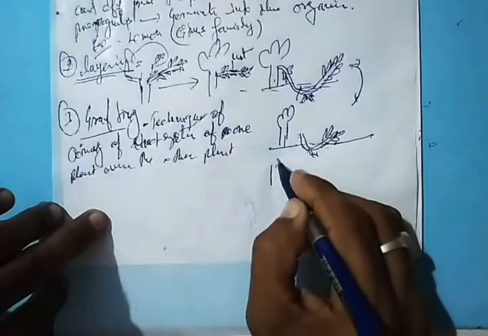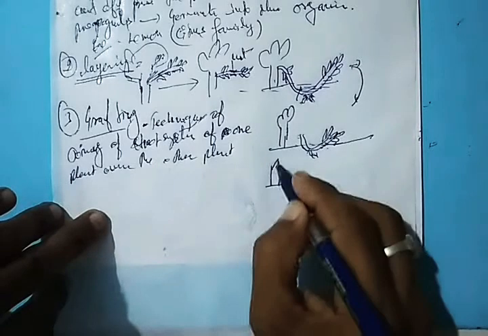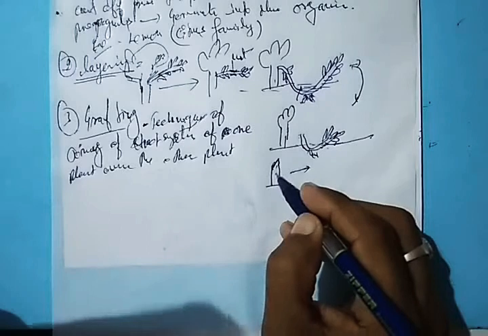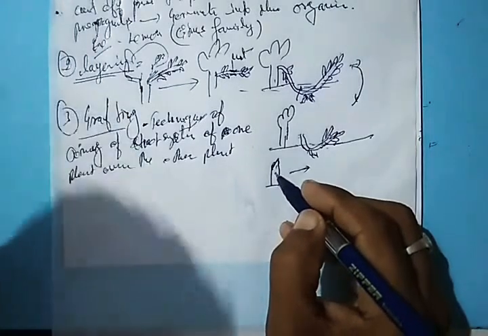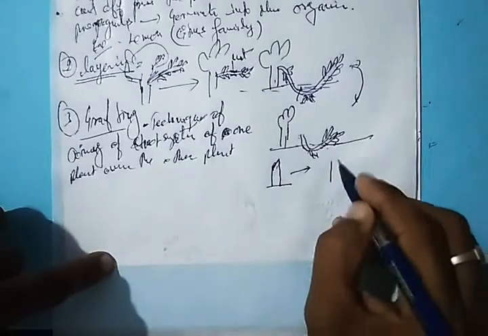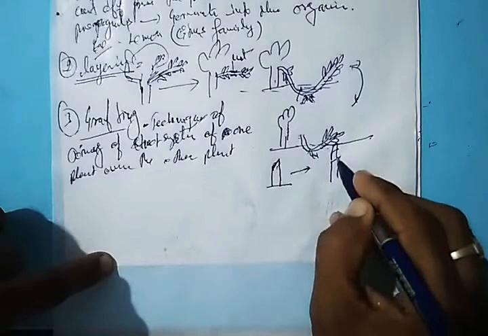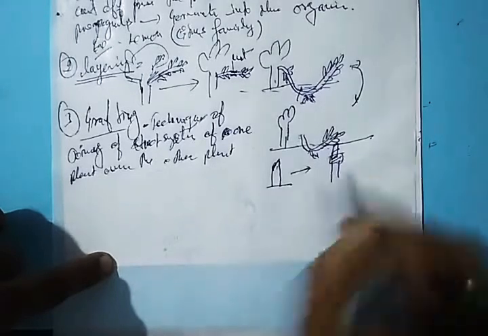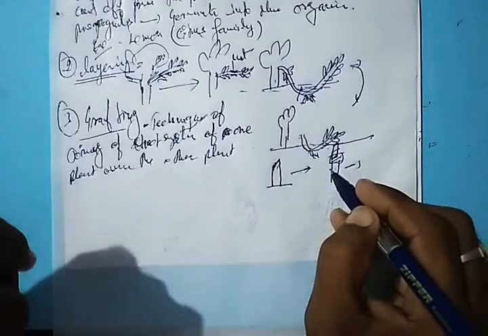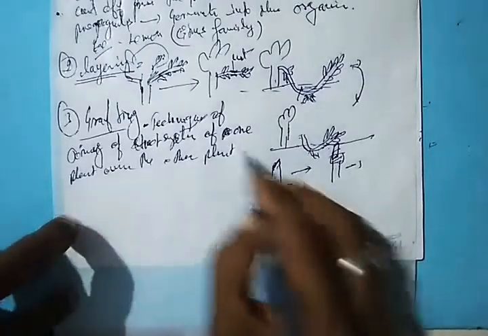Suppose this is one plant, cut off this part and take another part of a plant from the same species, and join it. After some time, both parts make a composite plant.